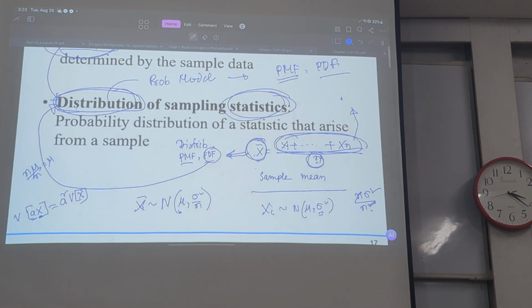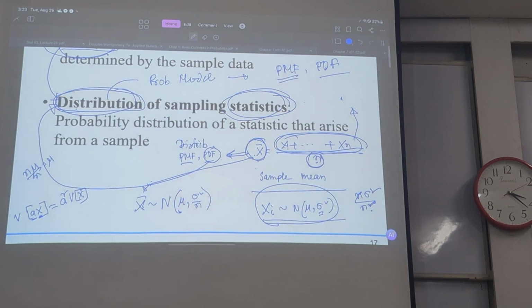If x1, x2, xn are normal, then this x bar is also normal. I guess I mentioned one term: once normal, always normal, right? If you have a set of random variables or one random variable that are normal, whatever you do, they will remain normal. That's why normal random variables are so important.